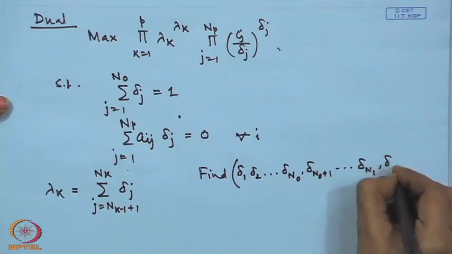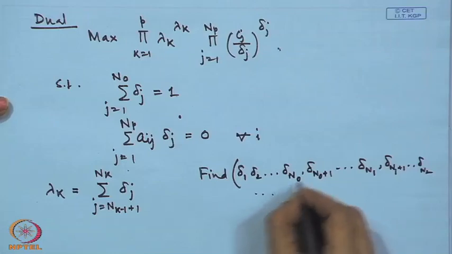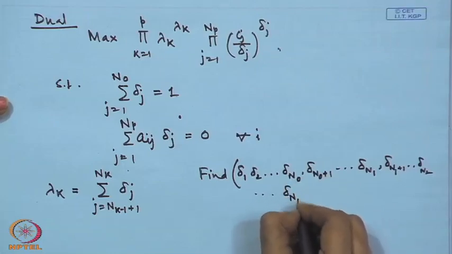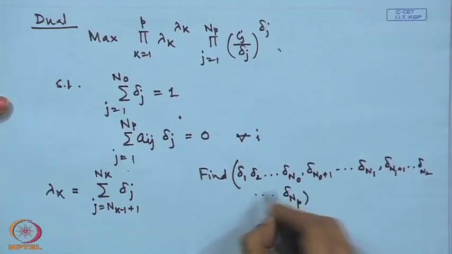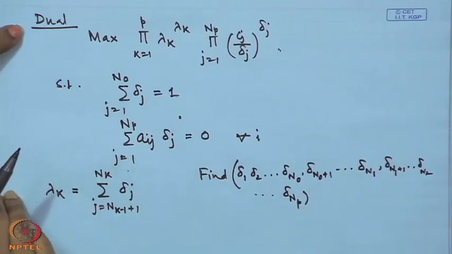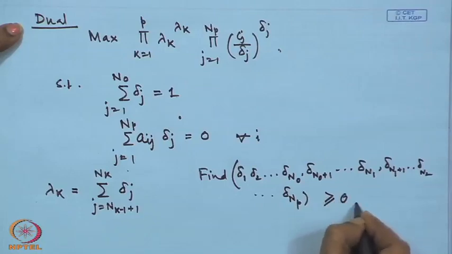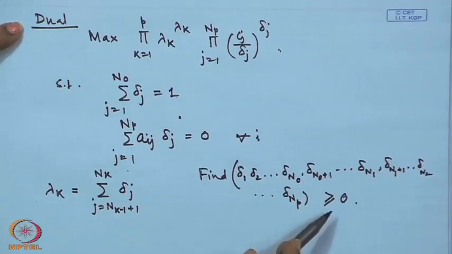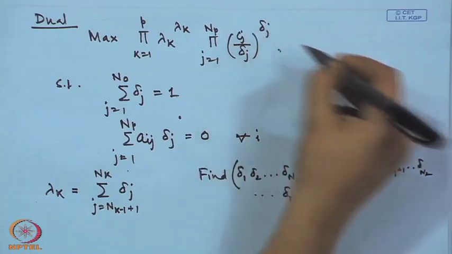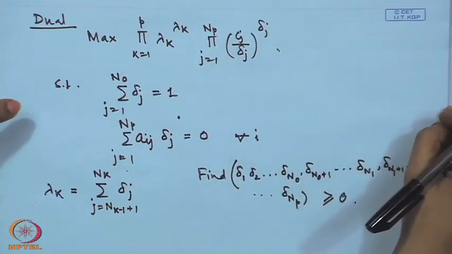From the second we have delta n 1 plus 1 to delta n 2. In this way the last one we will get delta n p, and these are the decision variables for this dual of the geometric programming problem, and we have to consider the constraint as all delta j's are greater than or equal to 0. That is the consideration.